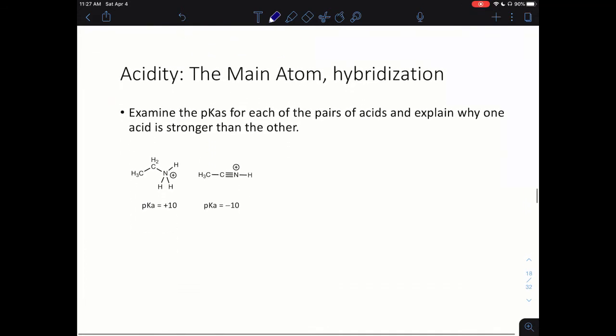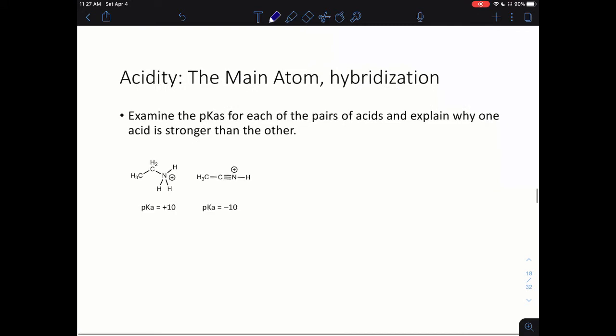So let's take a look at these two molecules. They're pretty similar in that they have the same number of carbons and nitrogens, but you can see that the molecule on the right is 10 to the 20 times more acidic than the compound on the left.